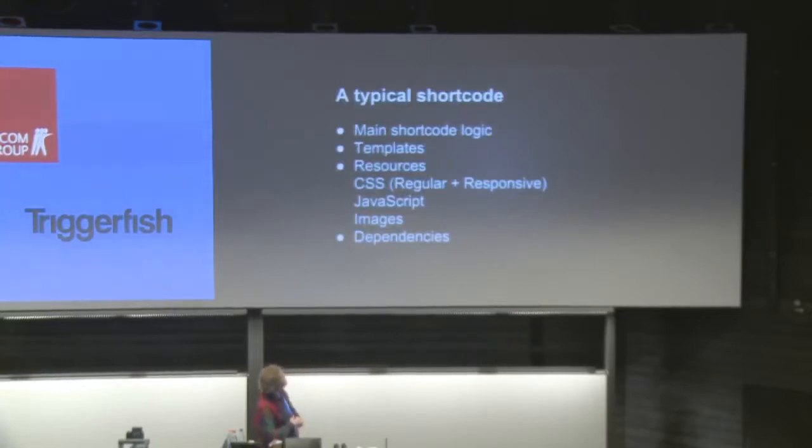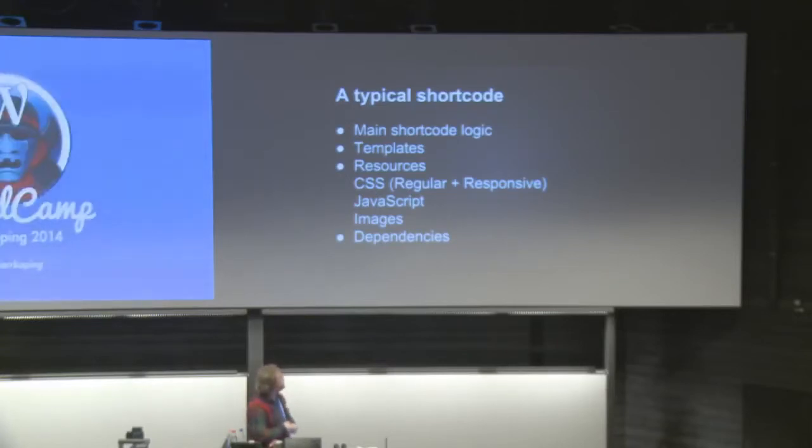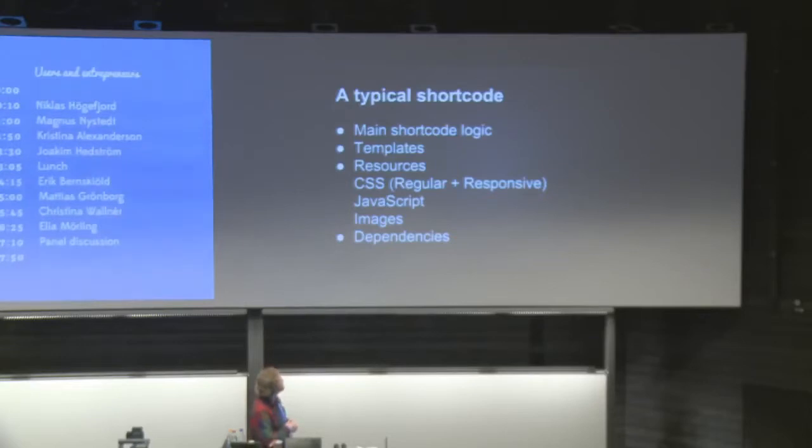Yeah, so again, the typical shortcode might consist of the main shortcode logic, which is the actual shortcode, any templates that it uses for common parts, external resources, CSS, regular and maybe even responsive CSS if there are some responsive elements, JavaScript, images, and dependencies, which are PHP libraries.